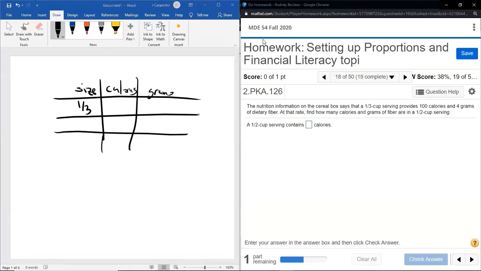More dog fun. Okay, so we have a third of a cup. That was the first scenario. If you need to label them, scenario A, scenario B. So a third of a cup provides 100 calories and 4 grams of protein.